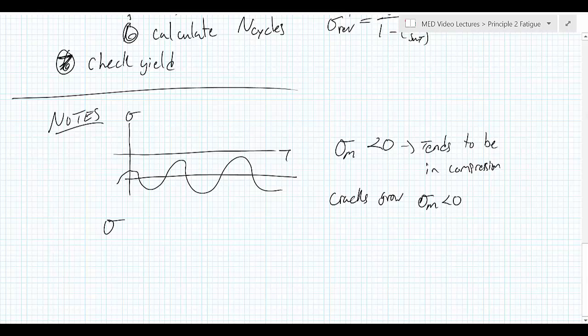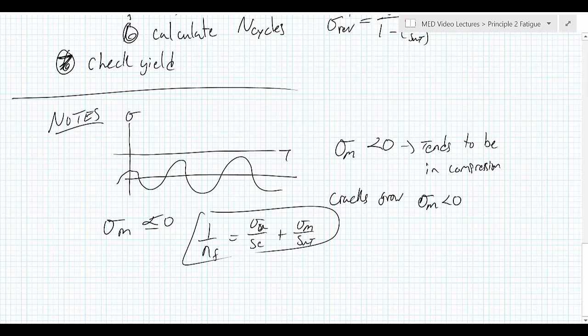So anytime sigma M is less than or equal to 0, change the Goodman equation, from sigma A over SE plus sigma M over SUT, to just ignore the sigma M part. So then you just have 1 over NF equals sigma A over SE.